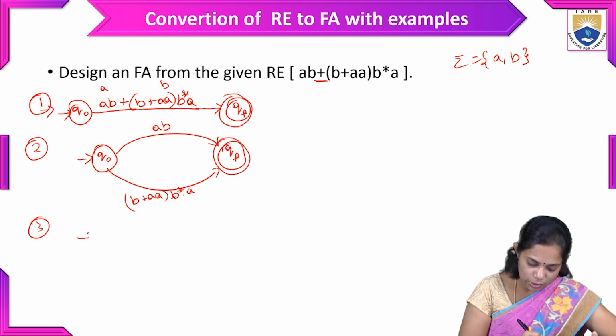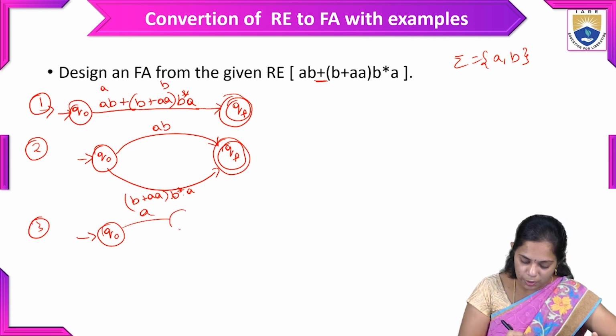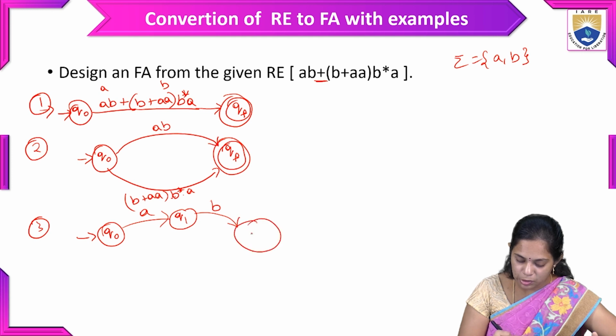And how do we add these states? Q naught, and we form A, B, and here also we will add one more state. For the representation of concatenation, we add one more state in between, and we name it Q1, and we give the input symbol B, and it is reaching the final state QF.